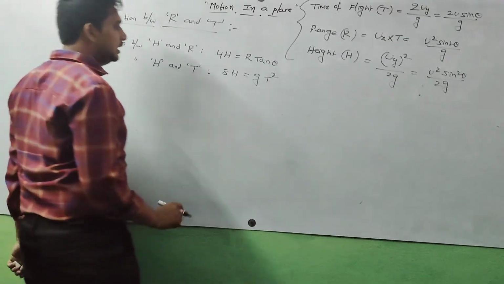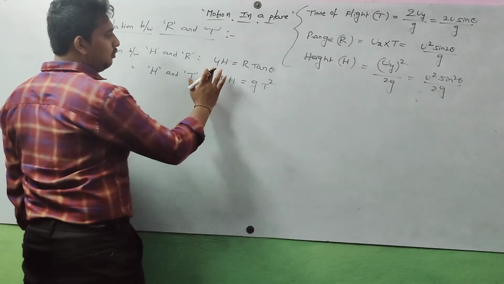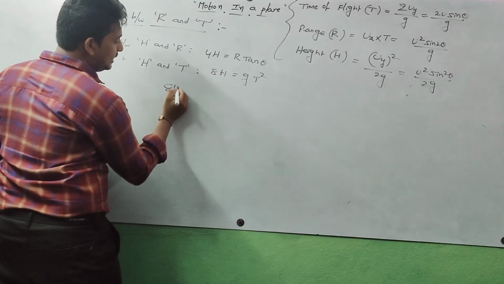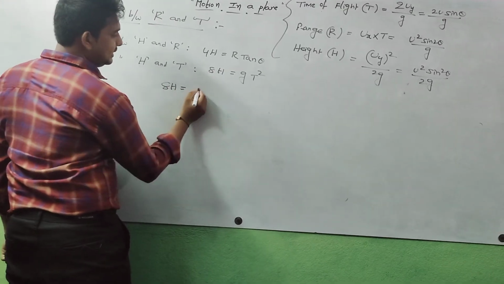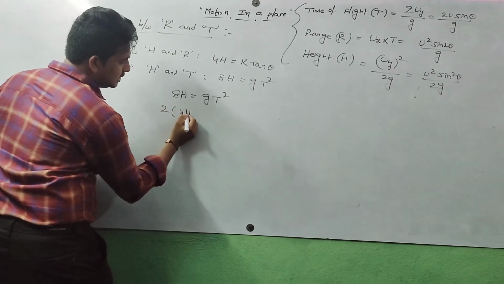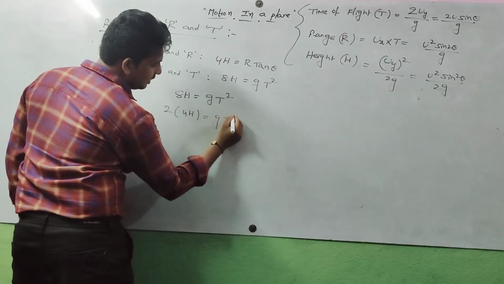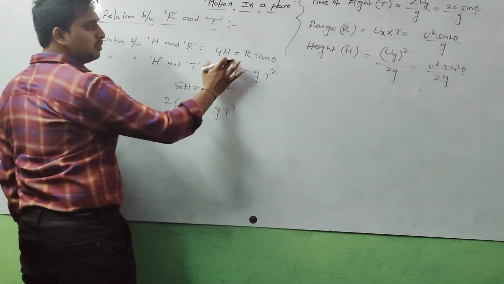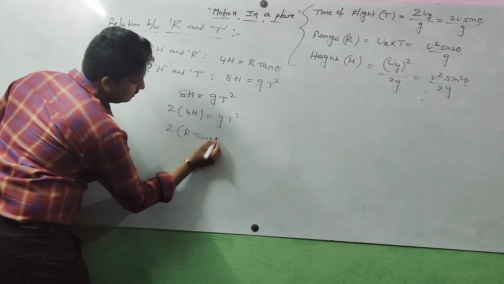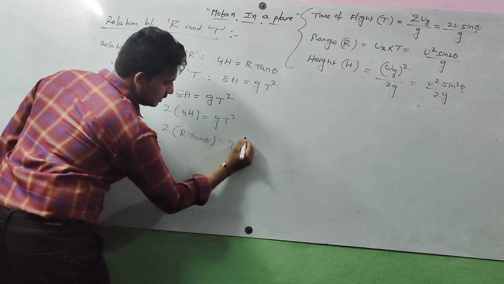So observe carefully here. 4h is equal to r tan theta. 8h is equal to gt square can be written as 2 into 4h is equal to gt square. So from this, the 4h value is r tan theta, so r tan theta is equal to gt square by 2.